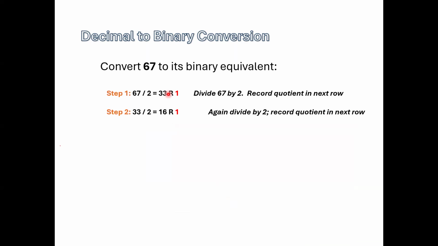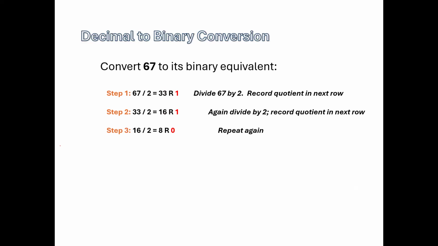And I'll get what? 1. To be honest with you, when you're dealing with binary, most of the time you either get a 1 as a remainder or you do not get a remainder at all. Like here, 16 divided by 2 would give me a value of 8, but there will be no remainder.